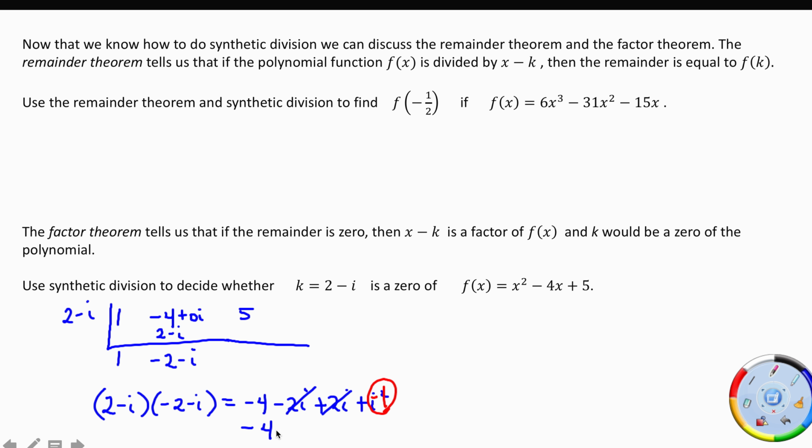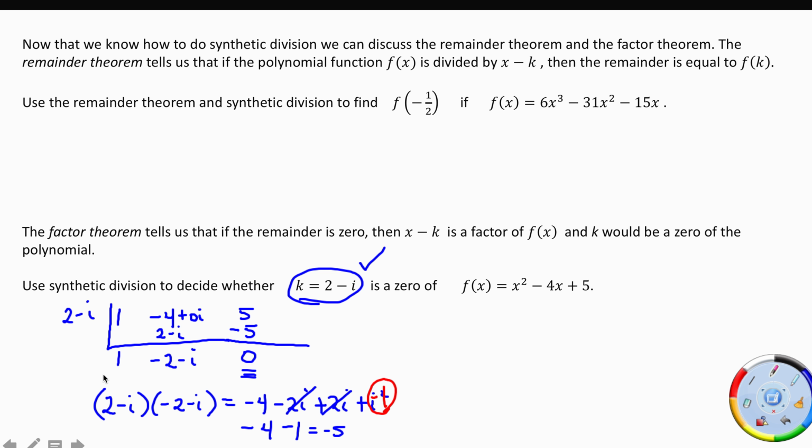This is negative 4 plus negative 1, or negative 5. So 2 minus i times negative 2 minus i is negative 5. And I got a 0. If your remainder is 0, then yes, 2 minus i is a 0 of this.